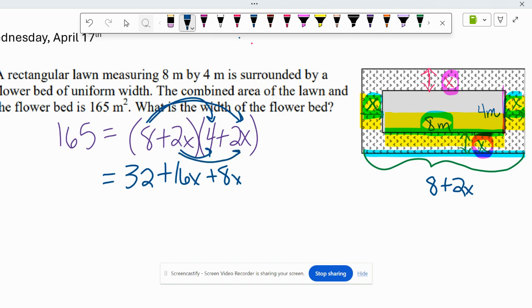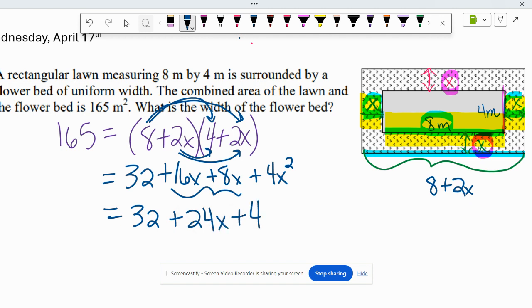And 2x times 2x is 4x squared. All right. So 16 and 8 is 24. So 32 plus 24x plus 4x squared is equal to 165.